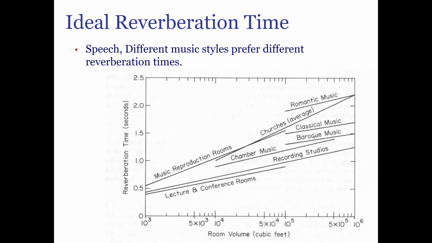So there are different ideal time periods, and if you're building a general purpose performance space like the Meyerson or something like that, what you typically do is have treatments that you can move around so you can alter the reverb time of the actual performance space.